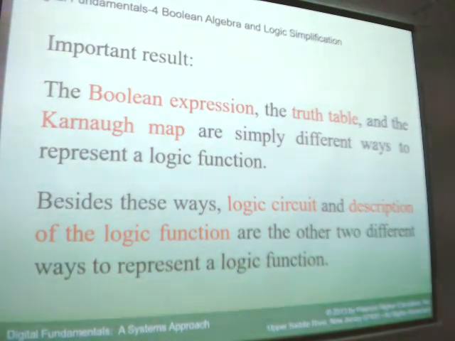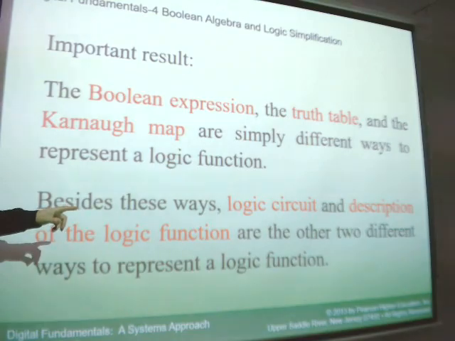We have learned the Boolean expression, the truth table, the Karnaugh map, and the logic circuit to describe logic functions. The fifth way to describe a logic function is just a text description.